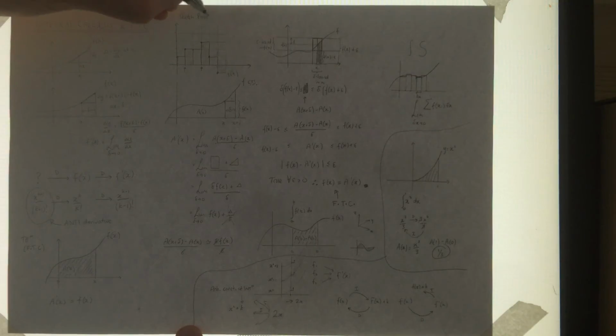So we could say this is our theorem, the Fundamental Theorem of Calculus. This is our sketch proof. This was another sketch proof, so sketch proofs 1 and 2.